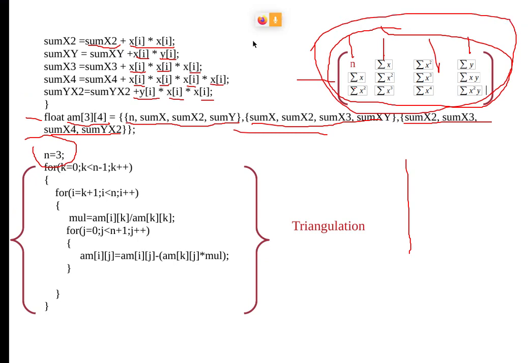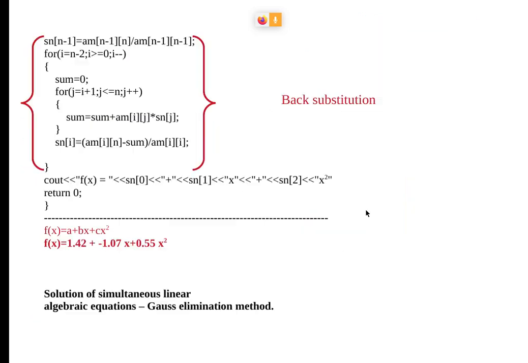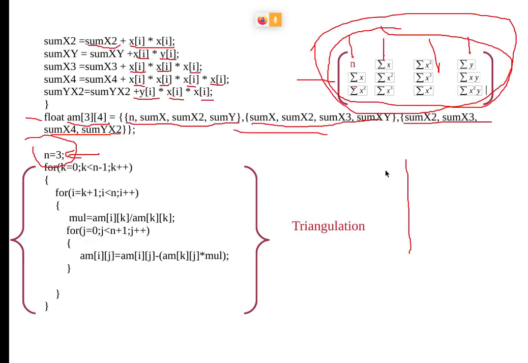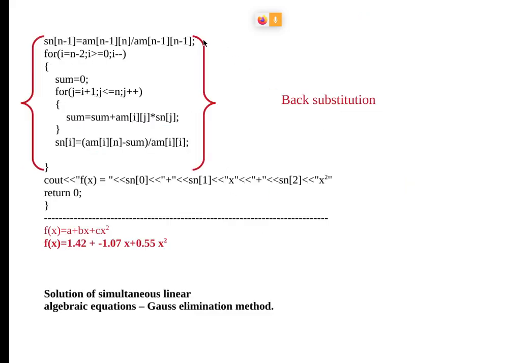Here we have 3 equations, so I am replacing n with 3. The remaining code is the same as the Gauss elimination method, so please see that video for detailed explanation. This loop will do the triangulation and this loop will do the back substitution.